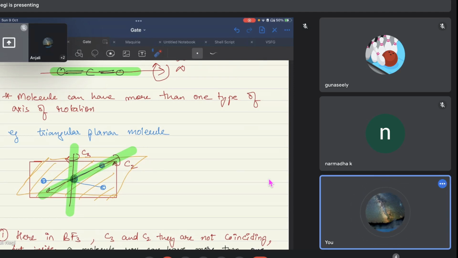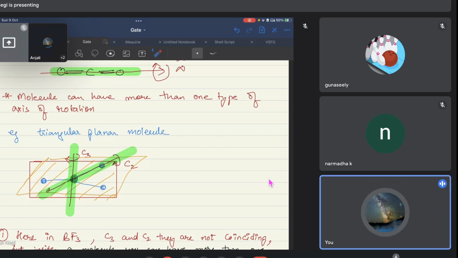And for C2, my axis will pass through two atoms simultaneously. If this is fluorine, it will pass through fluorine and then boron, and this particular axis will be C2. How? Because I will do a 180-degree rotation such that this atom will flip here and this will go here.